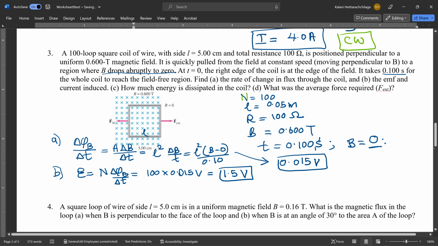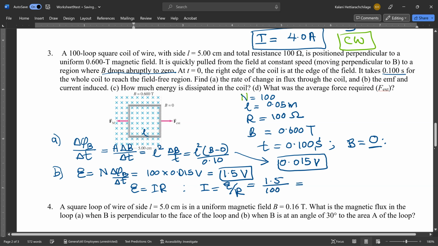Now the second part of that is calculating the induced current. We'll be able to calculate the induced current by using the information about the resistance, right? So in EMF and current, epsilon equals I times R. So I can calculate the current by taking epsilon divided by R. That will be 1.5 divided by R, which is 100 ohms.